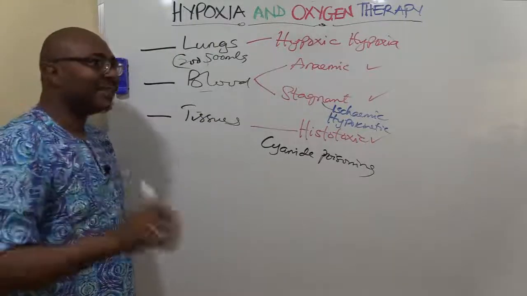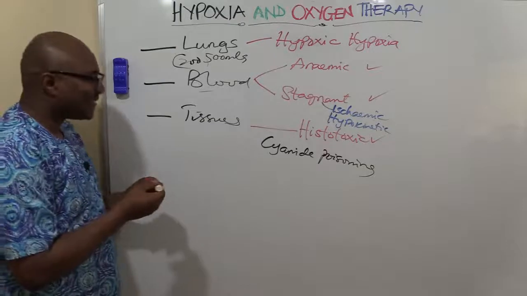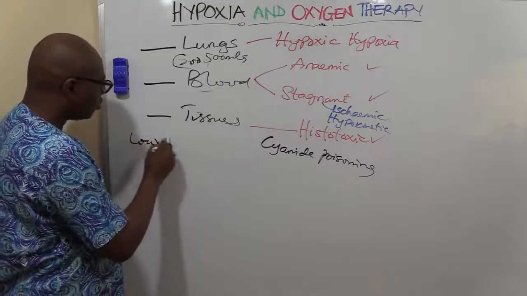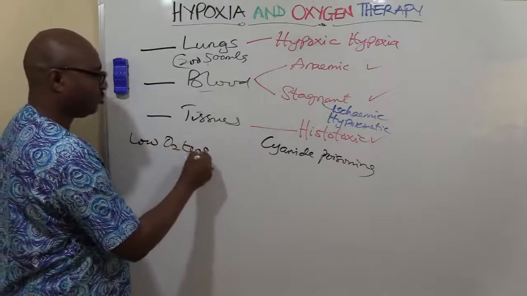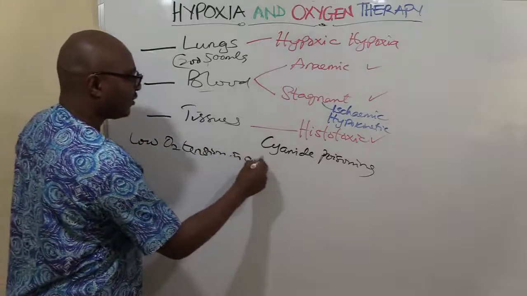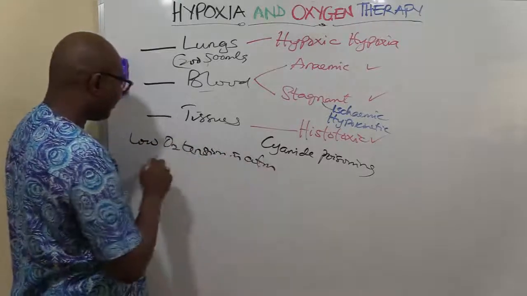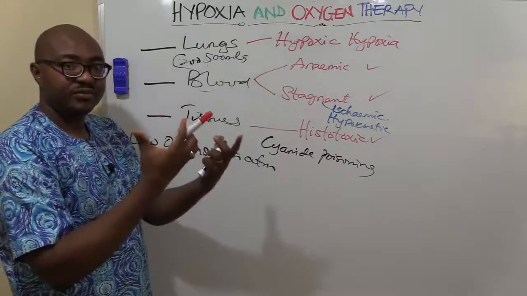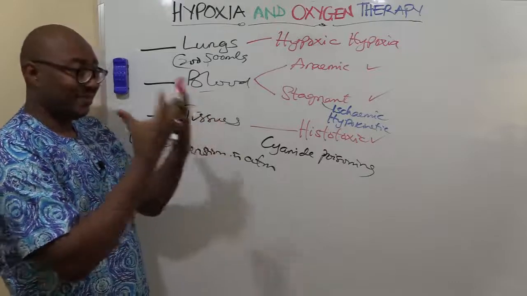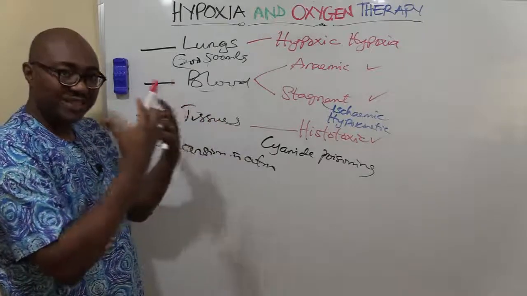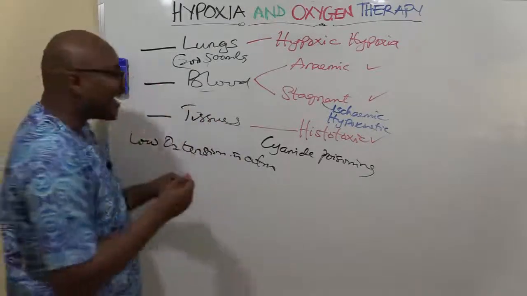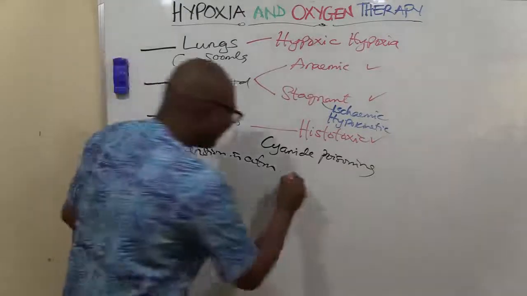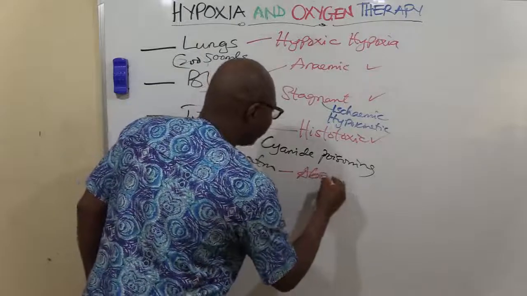So in that case, when there's low oxygen tension in the atmosphere, what happens once you give oxygen? You are giving additional oxygen. It absolutely corrects hypoxia.